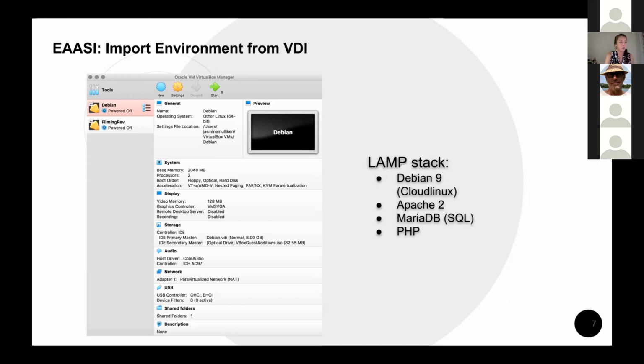Building that environment, configuring it with all of the security settings and everything like that was a process in itself that just seems to go more quickly building it in VirtualBox and then later just importing that whole thing over to EaaSI.